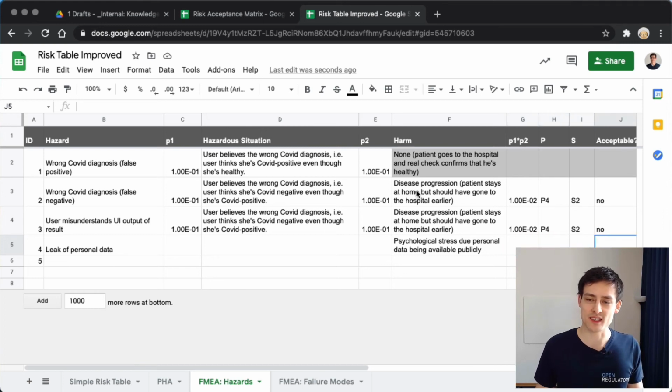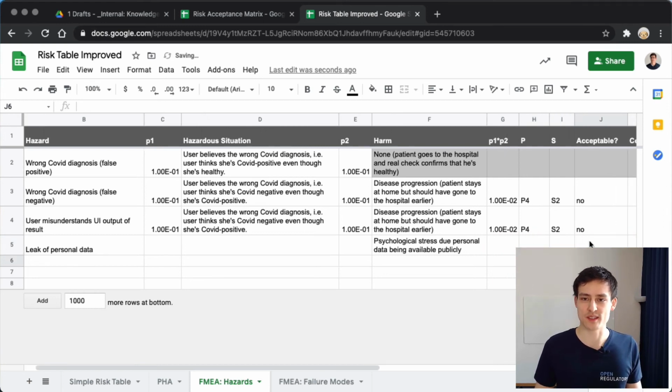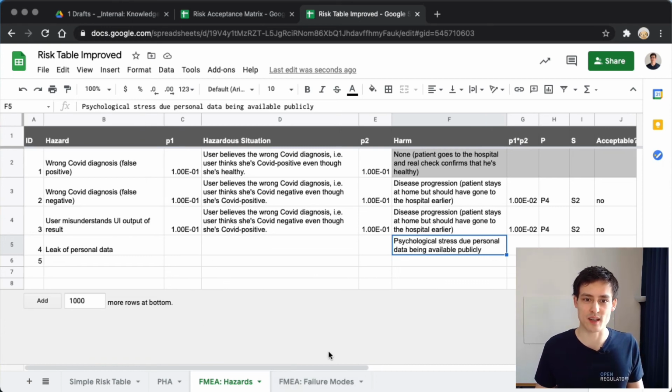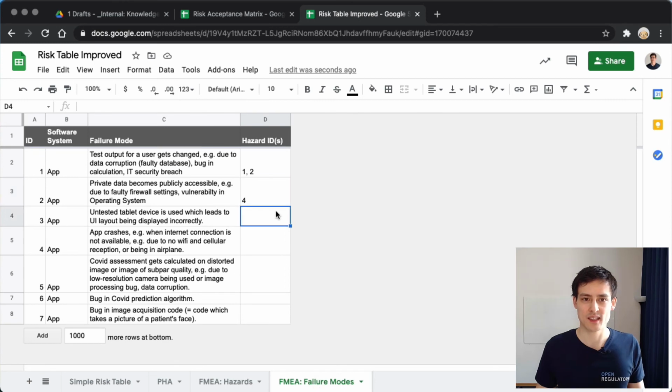Spoiler alert, I think this is acceptable because COVID data isn't super sensitive data in my opinion. Even if a celebrity has COVID, I mean, literally we know of celebrities who have COVID, and it's not that they feel crappy due to their data being leaked. They probably feel crappy because they have COVID.